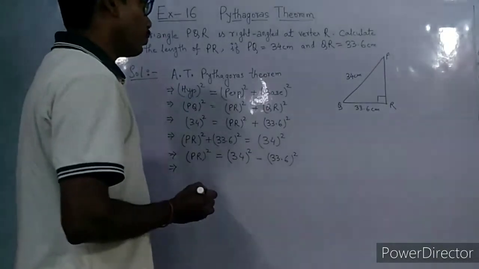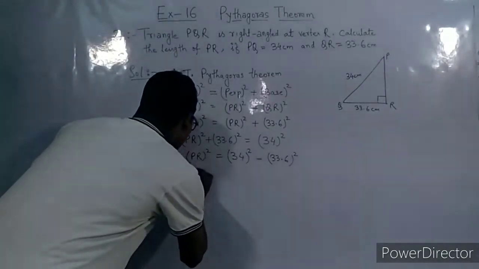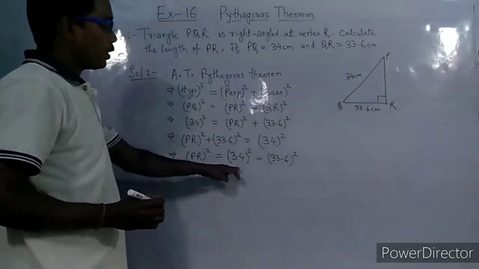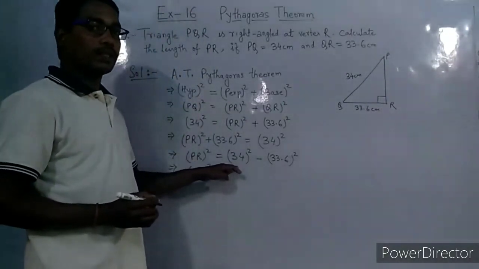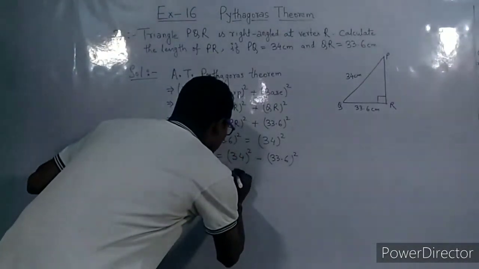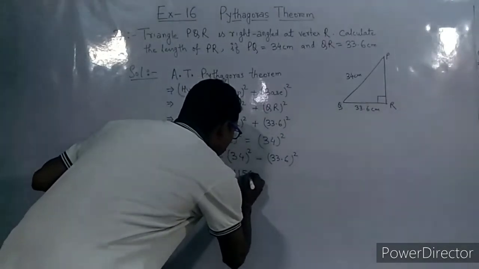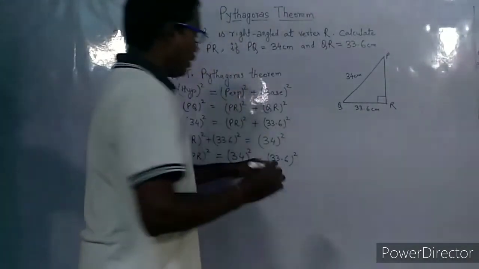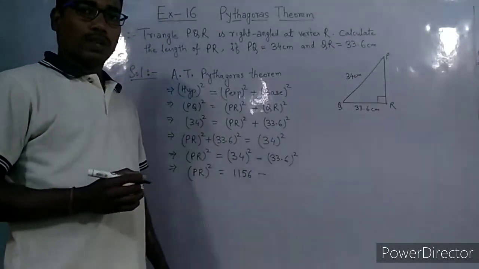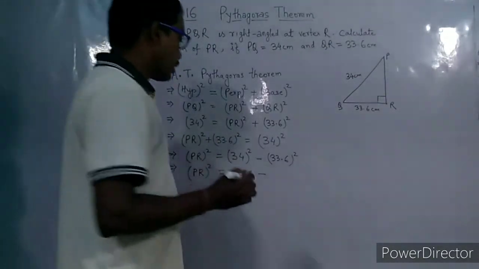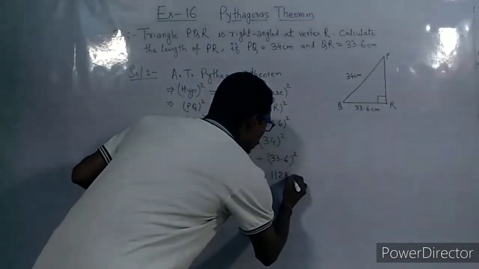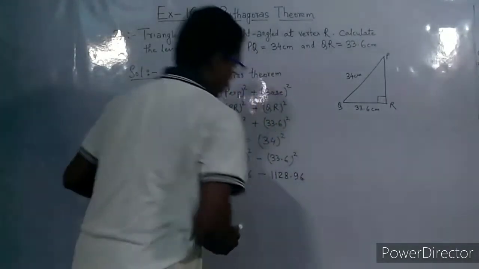Now we will write the squares of 34 and 33.6. So PR square equal to, the square of 34 is 1156, minus the square of 33.6, which is 1128.96.